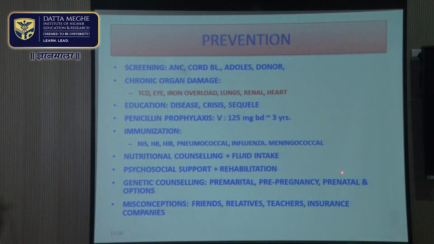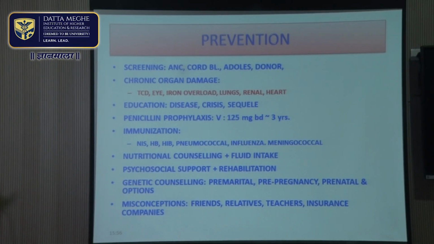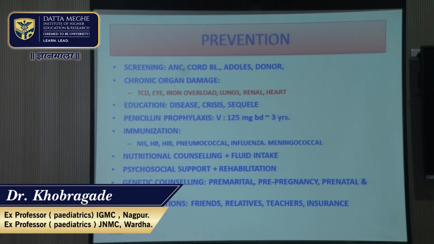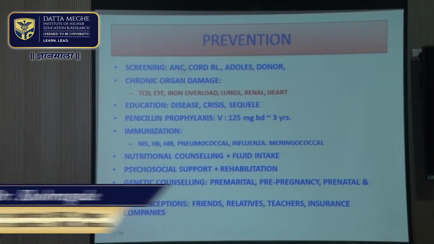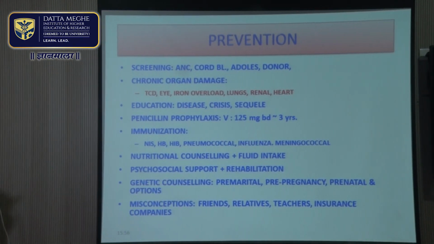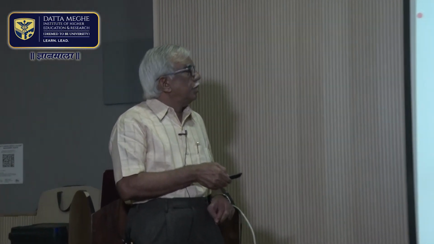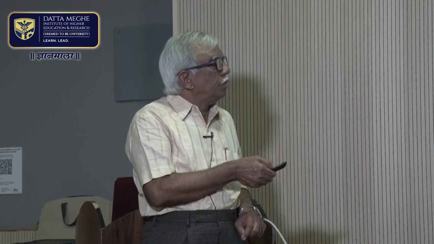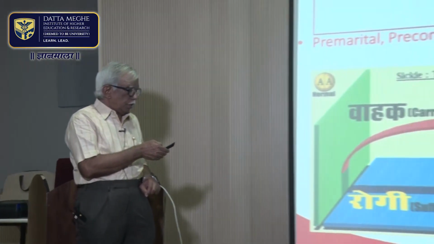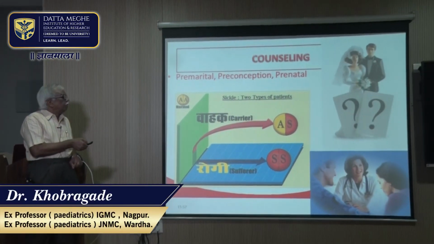Genetic counseling: premarital, pre-pregnancy, prenatal, and the options available. Misconceptions are very much there, about the disease among relatives, friends, teachers and insurance companies, and therefore these patients are not being benefited in most situations. This is why counseling, premarital, preconception and prenatal, has to be done. They are to be taken into confidence and given counseling in a very humble fashion.